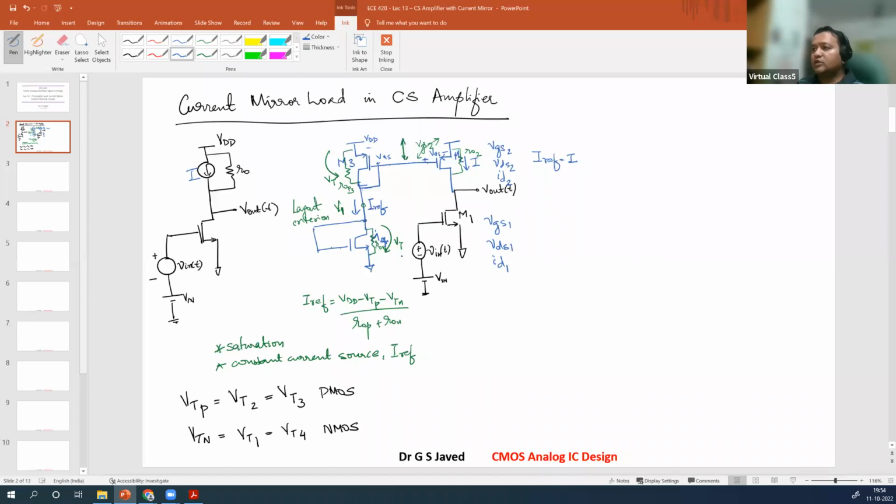For all the other 2 transistors here, your small signal component is 0. Everything else is large signal component only. So that is what you will have to understand, that only the current mirroring device is involved.